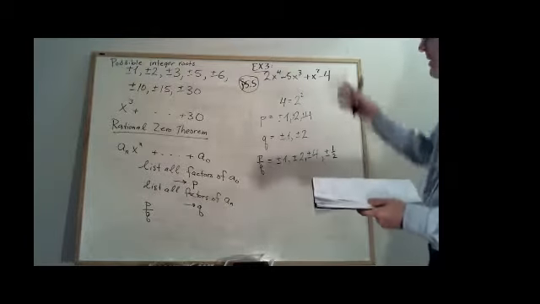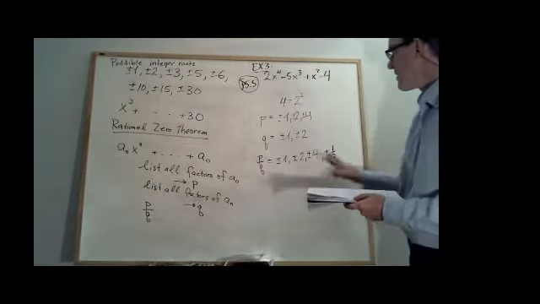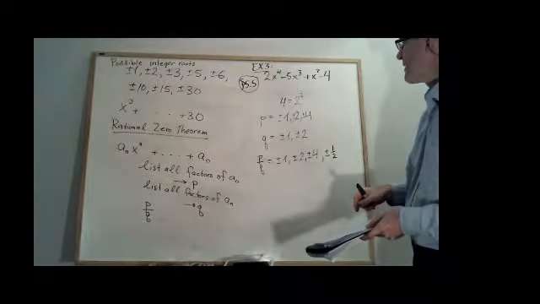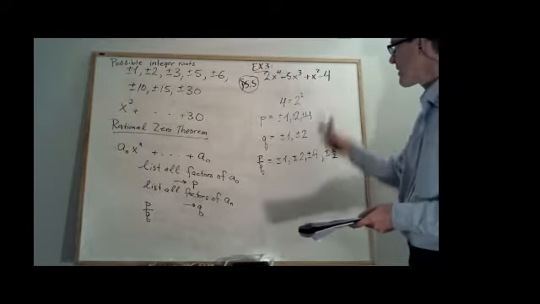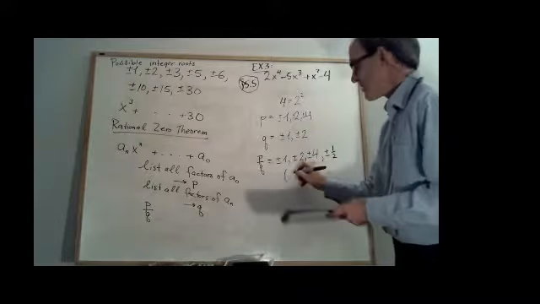So you might try it yourself and verify that none of these are actually roots. So it has irrational roots then. If these are the only rational roots it could have and none of them work, it means all the real roots are irrational.